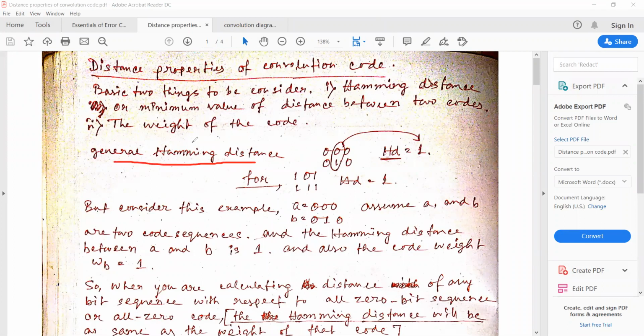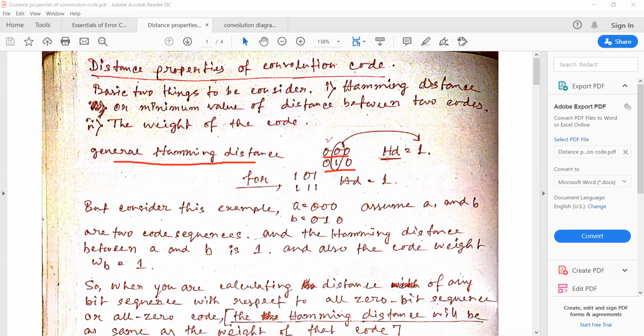So what is the Hamming distance? Hamming distance is nothing but the distance between two codes. Suppose two code sequences are given, one is 000 and one is 010. How many dissimilarities are there in the bit positions?